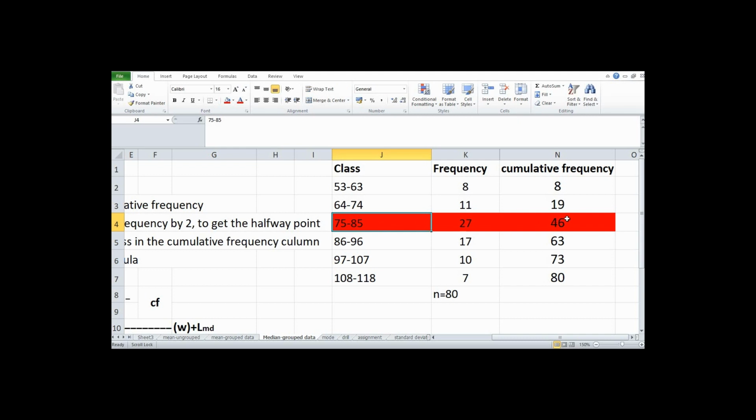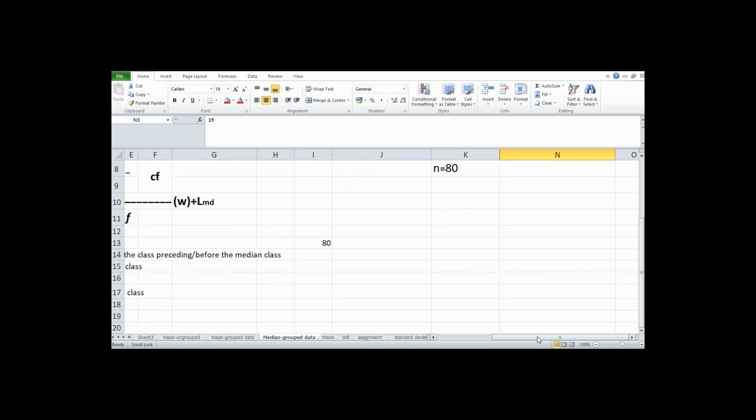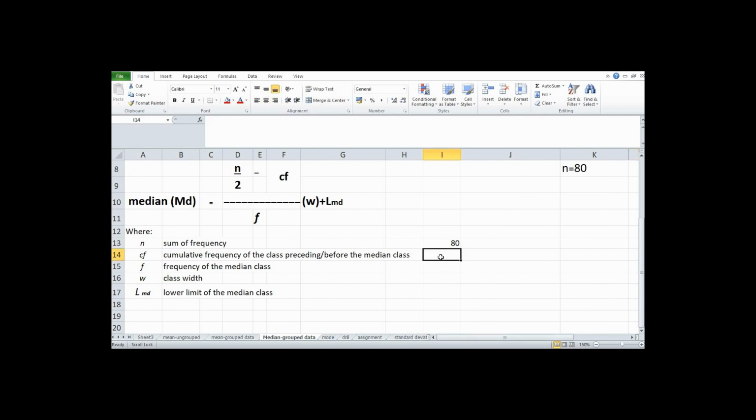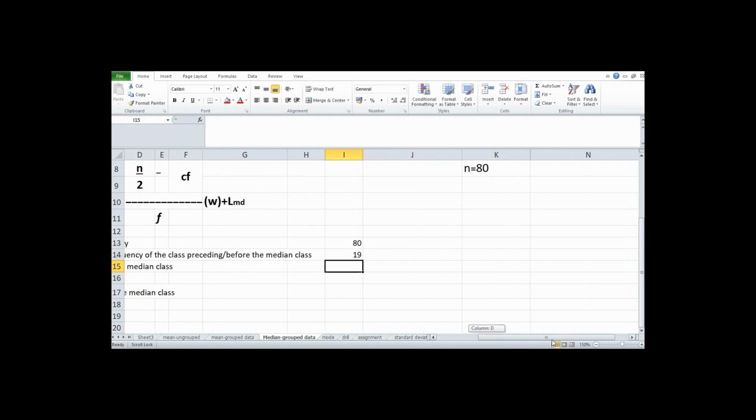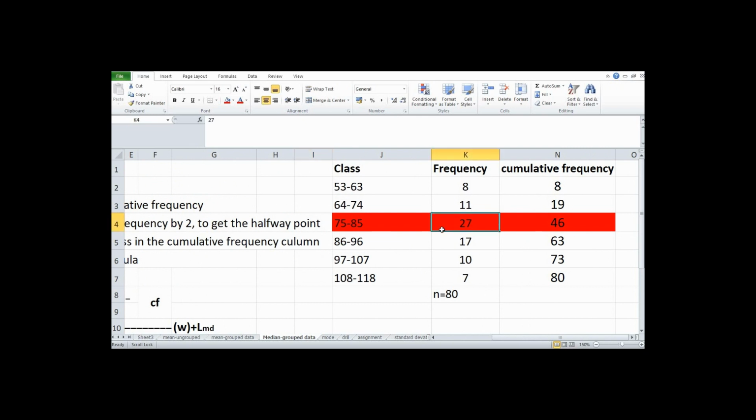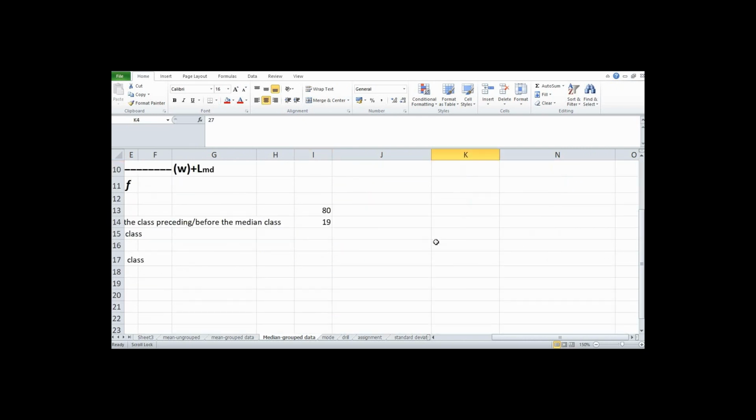So what particular cumulative frequency value is before the median class? You're correct. That is 19. So we have the value for the CF, which is 19. Now, for the frequency or the F, the value for the median class is 27.